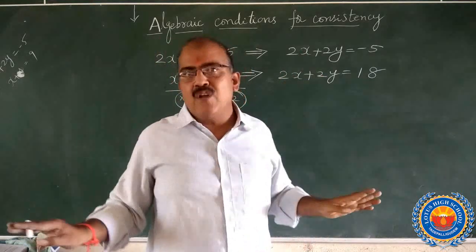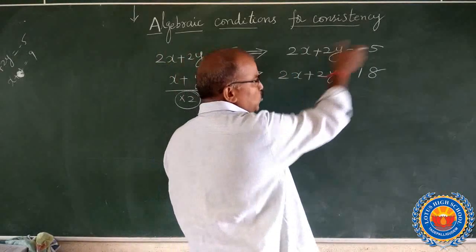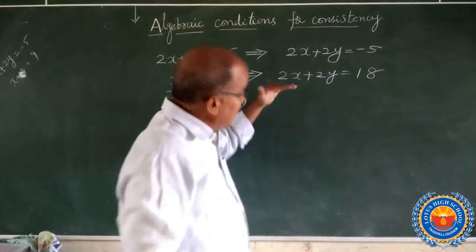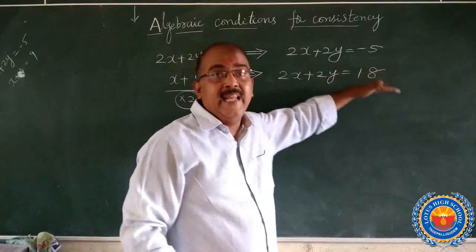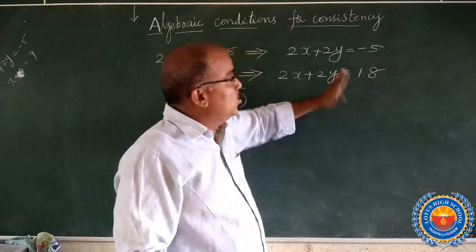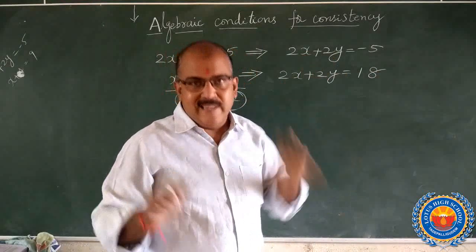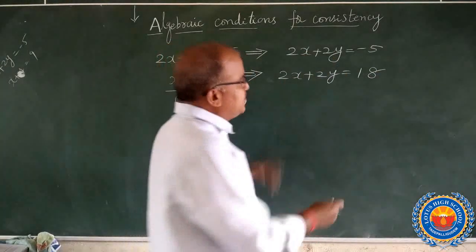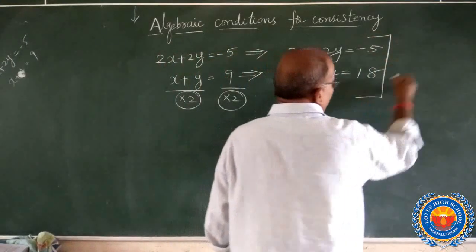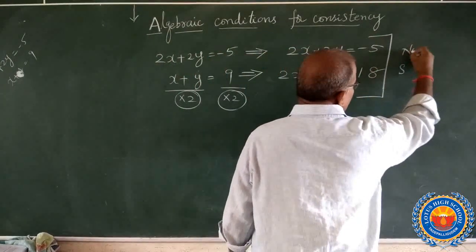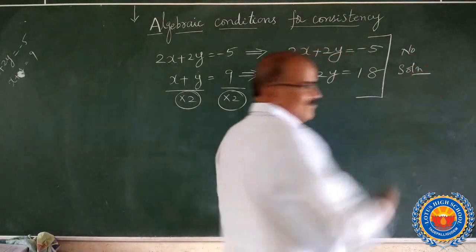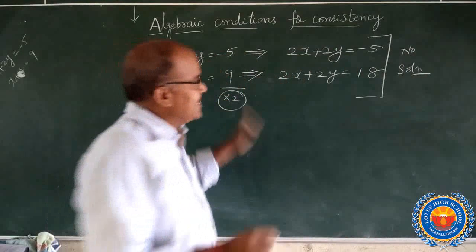Anywhere it is not possible. If 2x plus 2y is equal to minus 5, here also 2x plus 2y cannot be 18. So for this case, there is no solution.